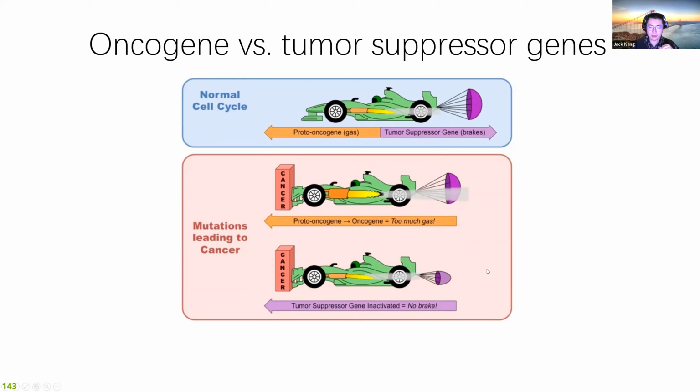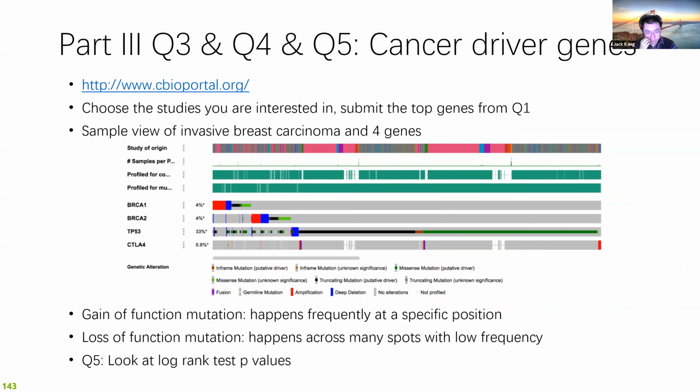Another mechanism is that you lose the brake. That is, there could be loss of function mutations happening in a tumor suppressor gene. So you lose those checks on your cell cycle, and without a powerful brake, your cells may also progress to cancer.